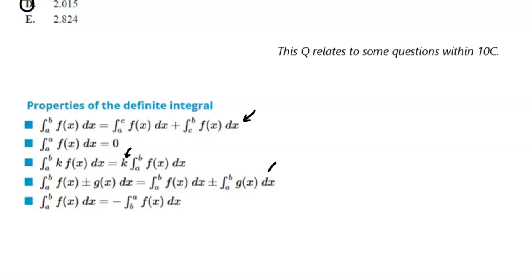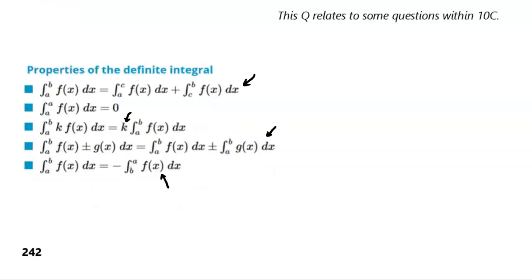And you can break up functions into separate integrals with the same terminals. And we've also looked at how to manipulate the terminals to cause a change in sign. So hopefully this is useful as a quick review of some of the work that you've done in Methods, looking at finding areas and being mindful of areas underneath the x-axis being negative.